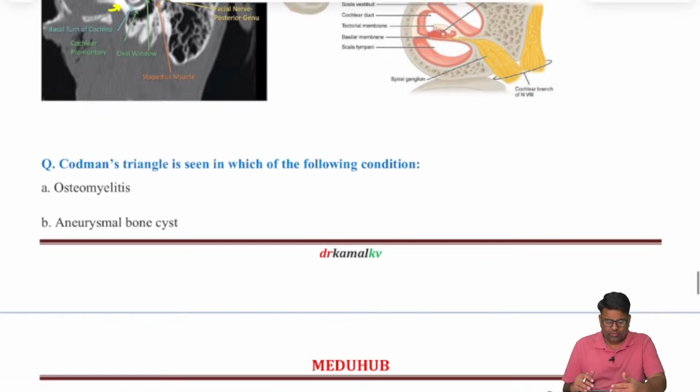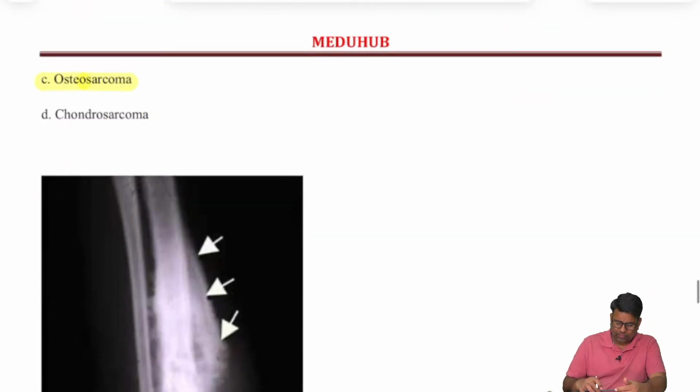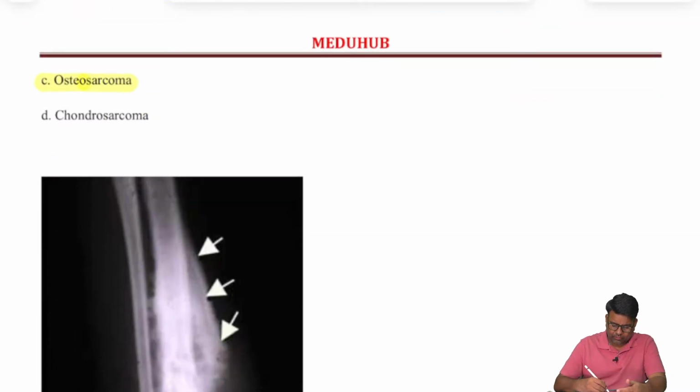Now this finishes the ENT part. Now we'll go to the orthopedic section, and here one question was about a Codman's triangle, and I think it is pretty easy for all of you to answer it as osteosarcoma. So what actually happens? This is the periosteum. The tumor lifts the periosteum.